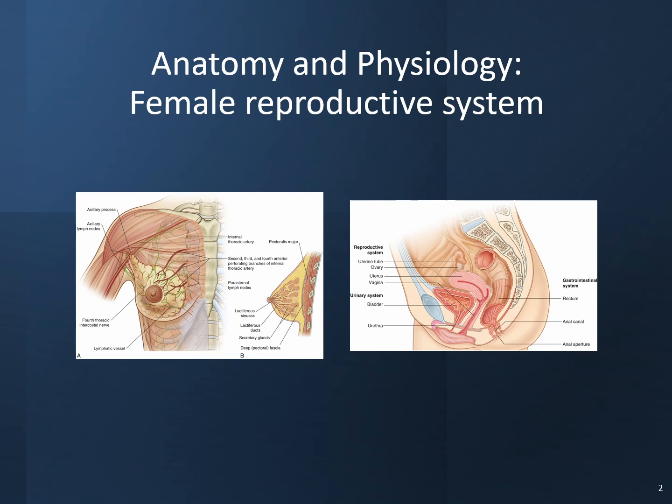Breast function produces milk after pregnancy, which is lactation, and during pregnancy, hormones like estrogen and progesterone prepare the breast for milk production. Breast pain is called mastalgia, usually caused by normal tissue changes, not cancer.